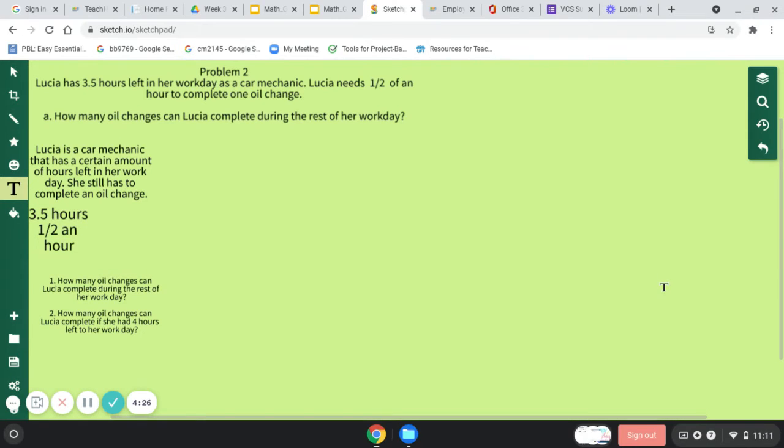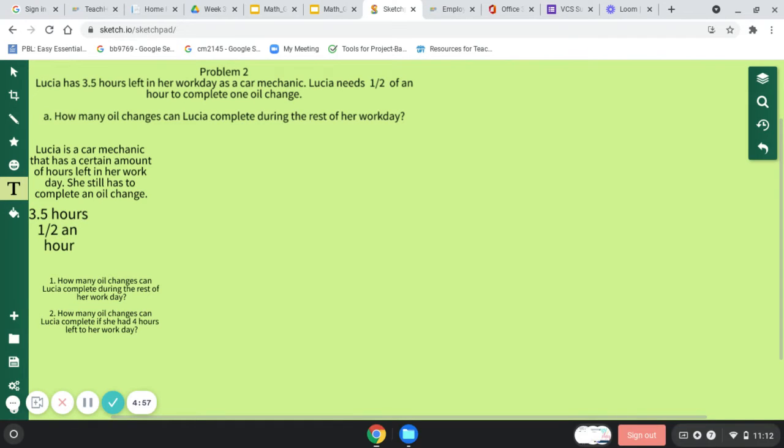Okie dokie, so we had Lucia. Lucia is working, she's working hard, and she has 3.5 hours left in her workday. So we can read that as 3 and 5/10 hours left in her workday, or 3.5 hours left in her workday, right? So she's a car mechanic, she has this time left, but she has to make sure she completes one oil change before she leaves.